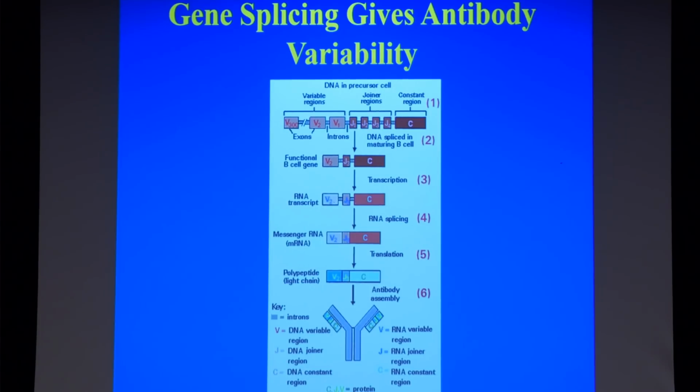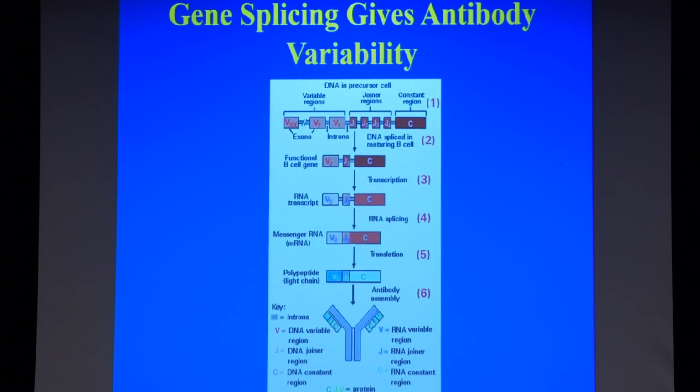So now you get a whole bunch of variability simply from rearranging the DNA, and this then will produce an RNA, we'll splice the RNA, and we'll make a protein with this three-dimensional shape of the amino acids in the variable and joiner regions out here, the short arm of the Y. That can be done, I think there are 3 different short chains you can do this with.